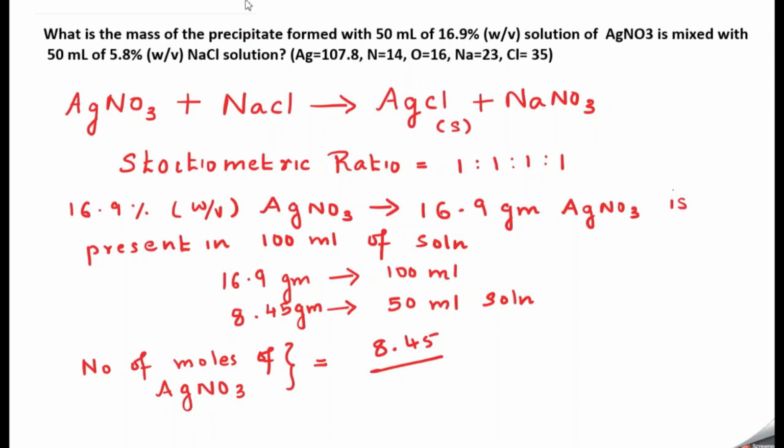So how much will it come? The molecular mass of AgNO3 will come around 169.8. If you calculate this you will get the number of moles. So this will come around 0.049.